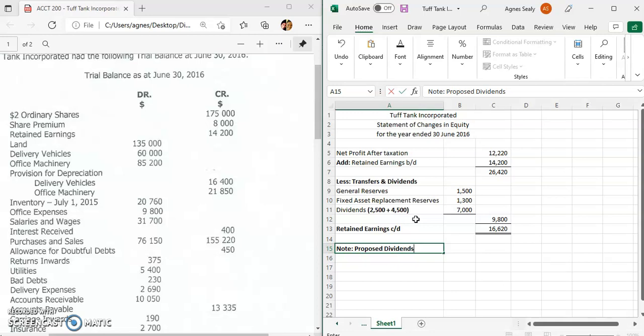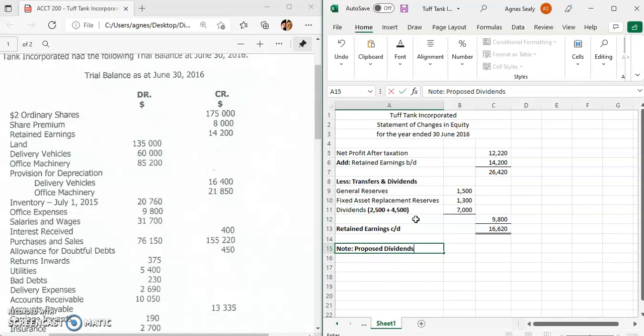So when you're doing the statement for publication, what we're basically doing is bringing figures together and just showing the public some lump figures. That is basically what we're doing. And because we're preparing it for external usage, we're lumping everything together.